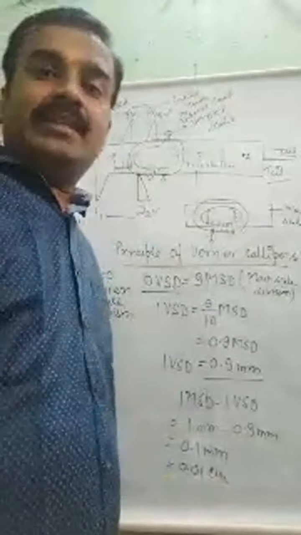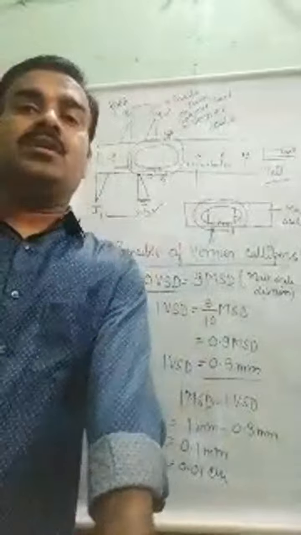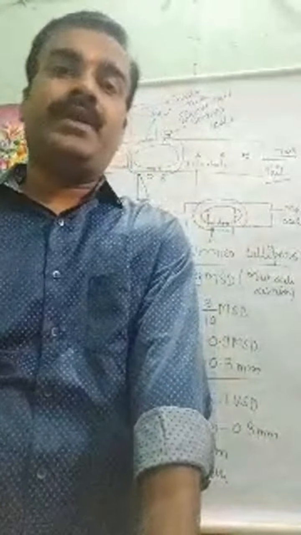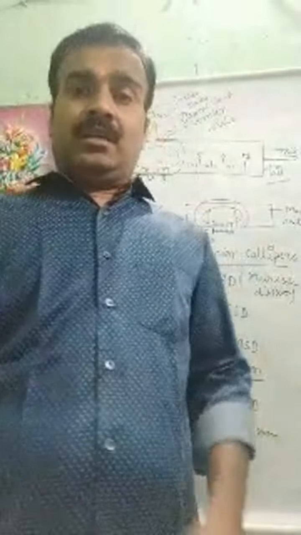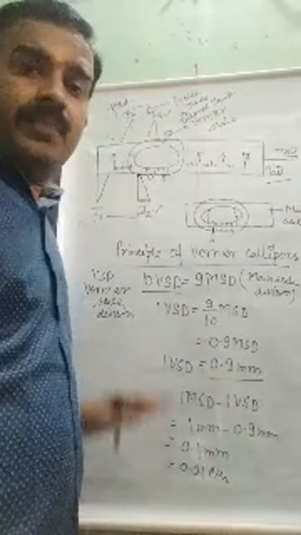That means by using the Vernier calipers we can find the correct length up to 0.01 centimeter or 0.1 millimeter. Till here I have explained the principle.